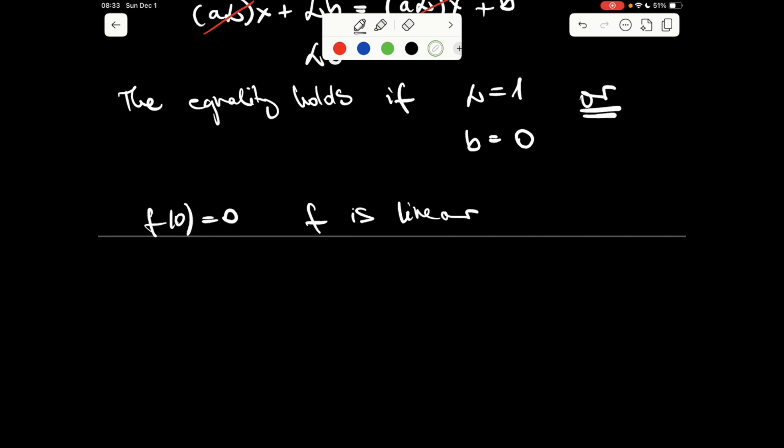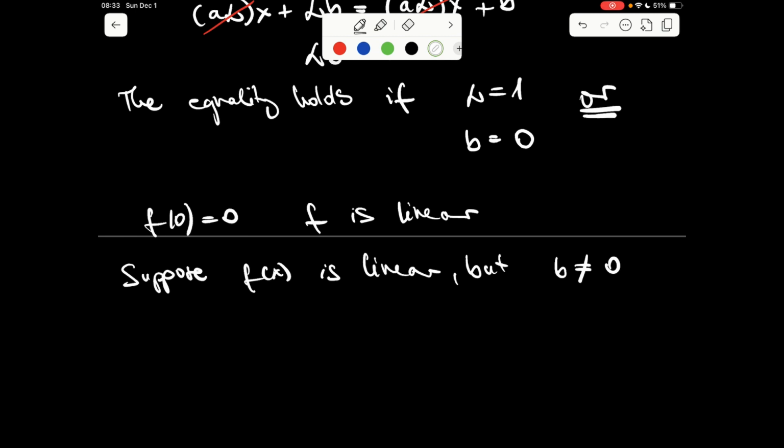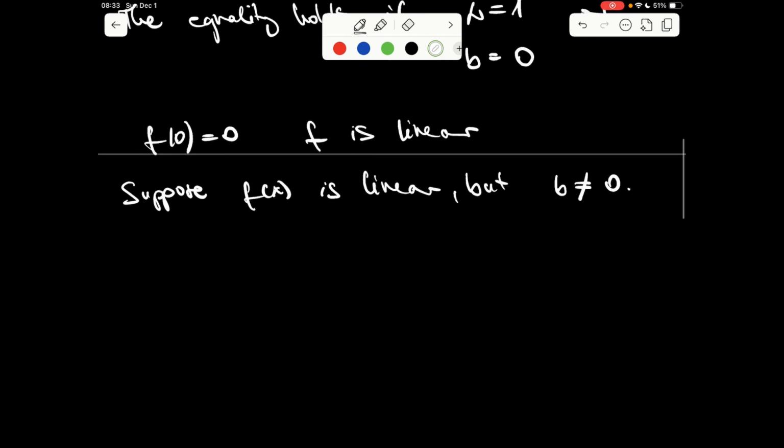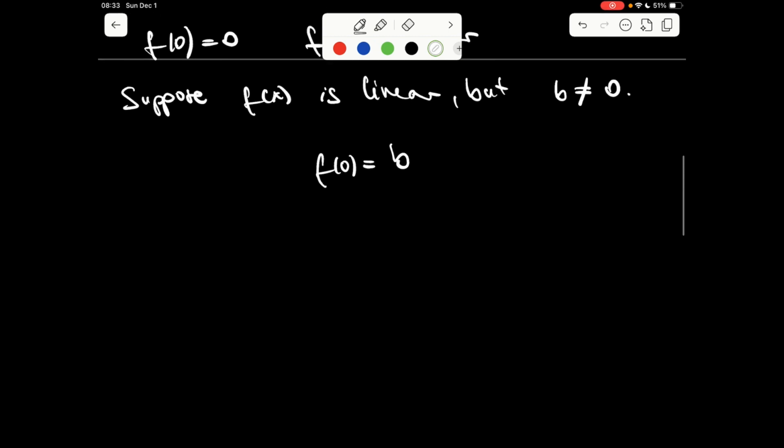So suppose f(x) is linear, but b is not 0. In this case, over 0, the value of the function is b.